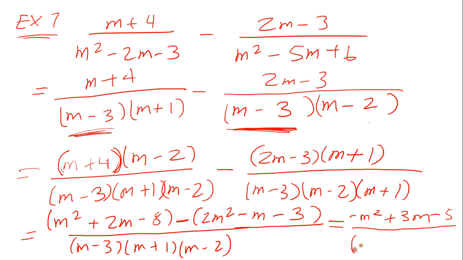And the denominator is going to be m minus 3, m plus 1, and m minus 2. Alright, and this numerator won't factor any. You can try to, but it won't. I'll let you convince yourself of that, but basically this is your final reduced result.